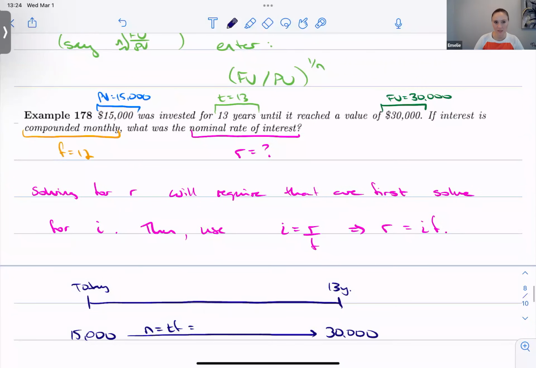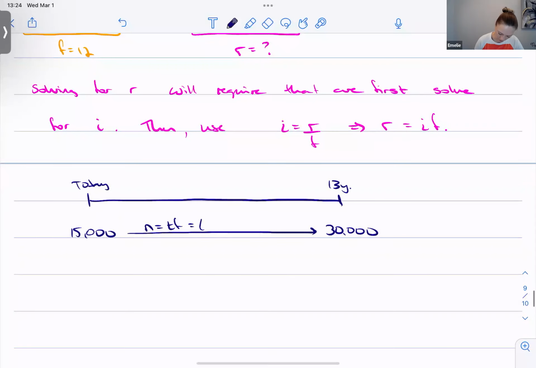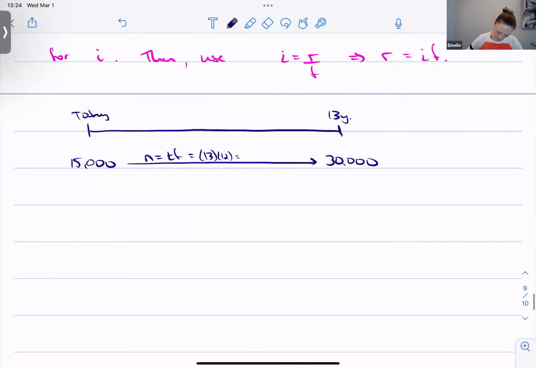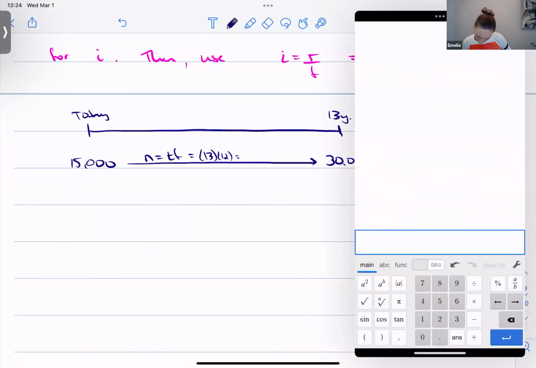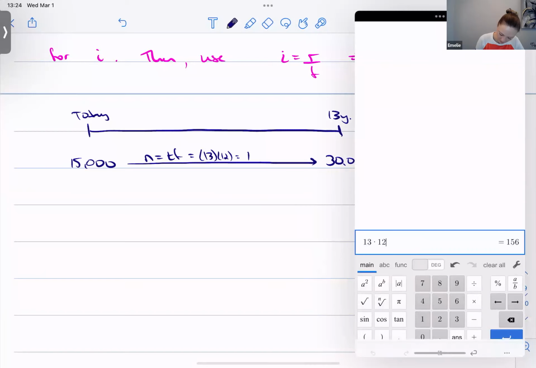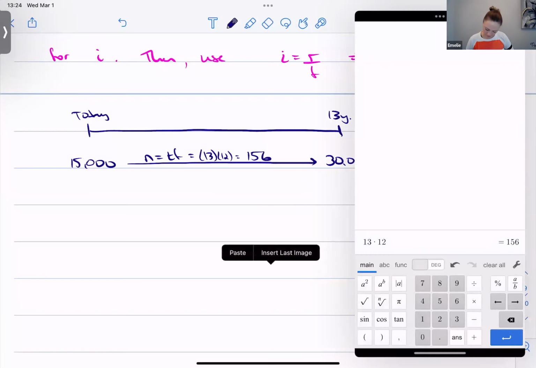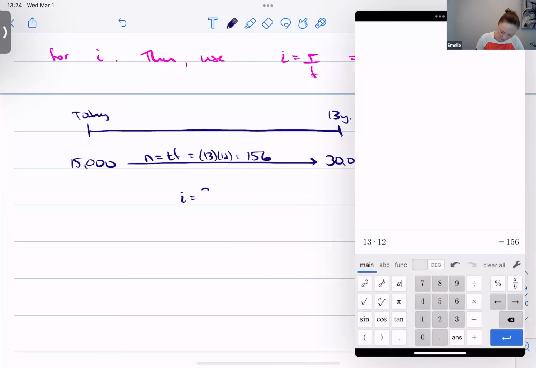So 13 times 12, right? So it's quite large. 13 times 12 is 156. And I need to know what i is.